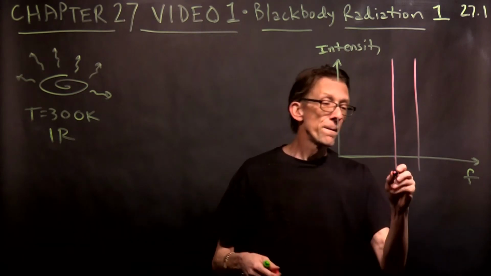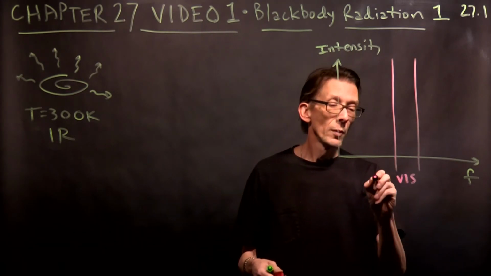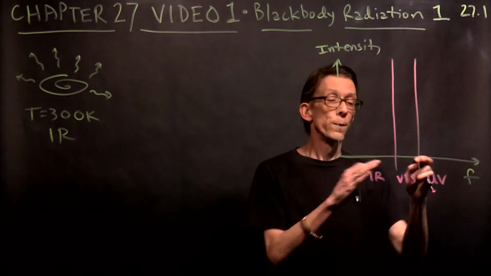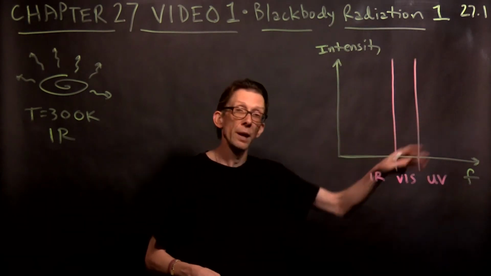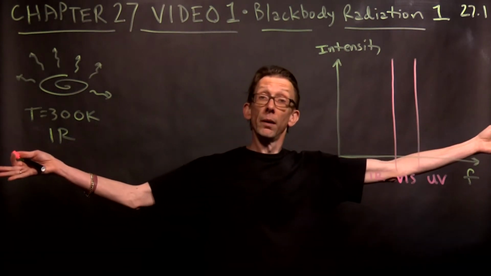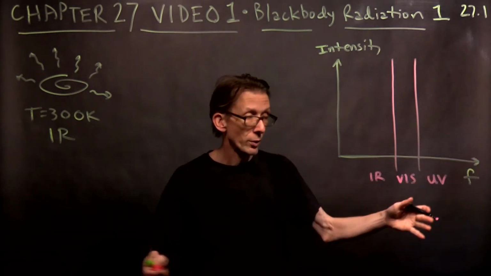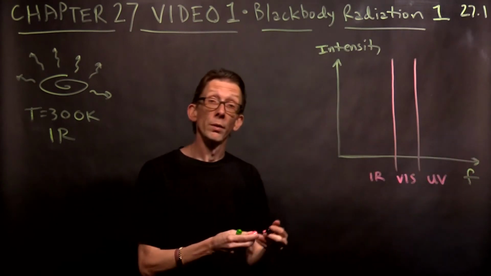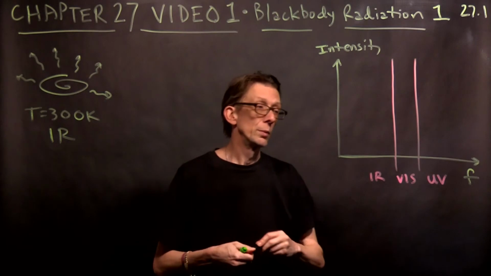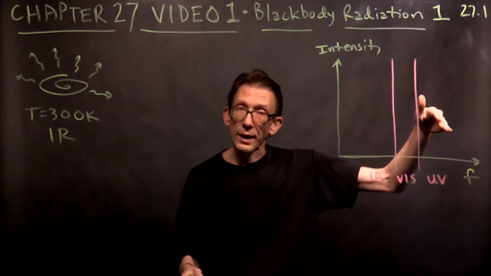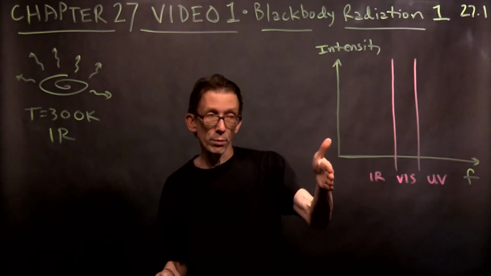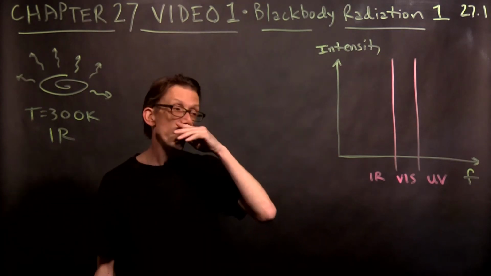So this is visible. This would be infrared. This would be UV, and so forth as you go out to the gamma rays and down to the radio waves. The whole electromagnetic spectrum is stretched out along the f-axis here. I could go on to X-rays and gamma rays up top, and down to microwaves and radio waves closer to the origin, but you get the idea.